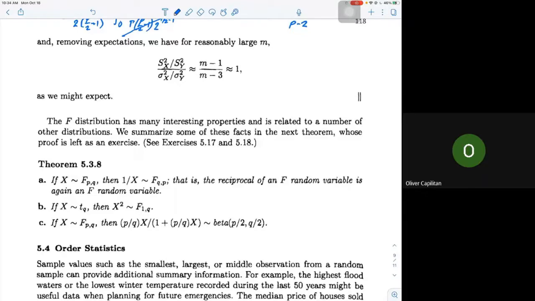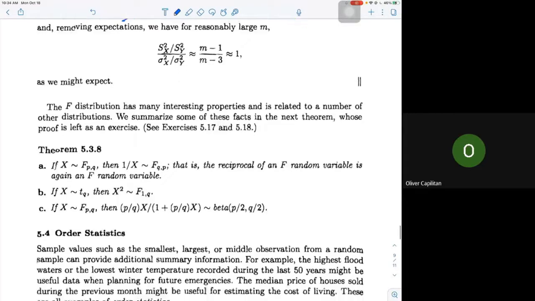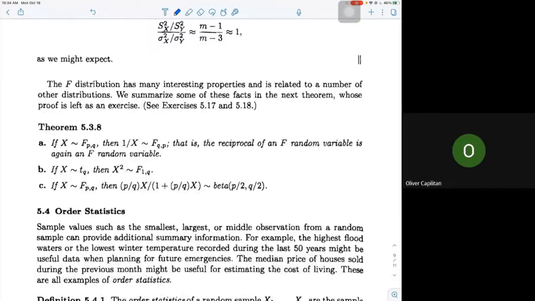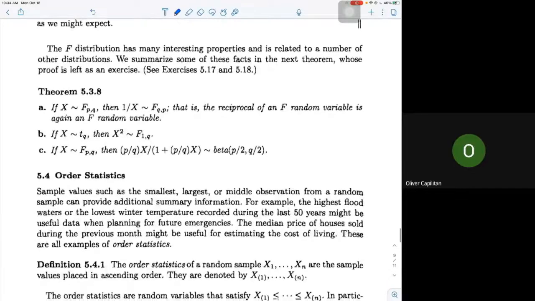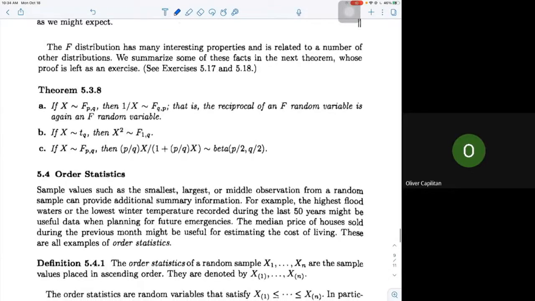Okay, so any questions or clarifications? You don't need to give the proof of this theorem 5.3.8. You can try to prove this theorem.